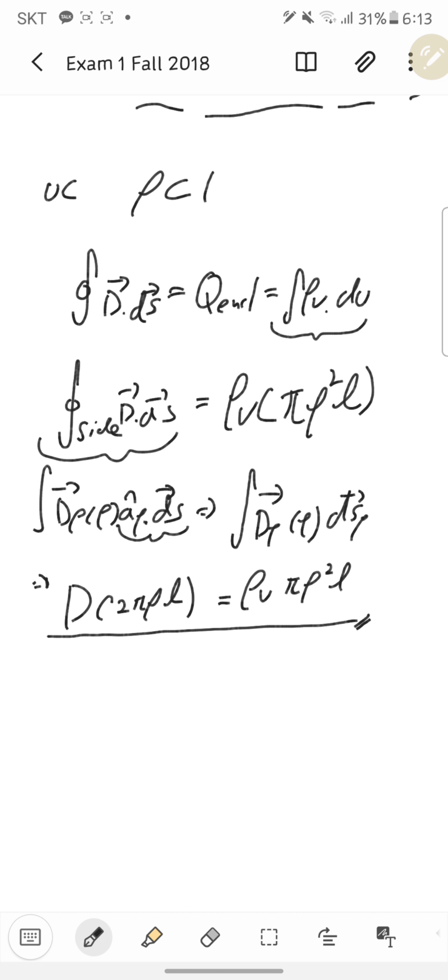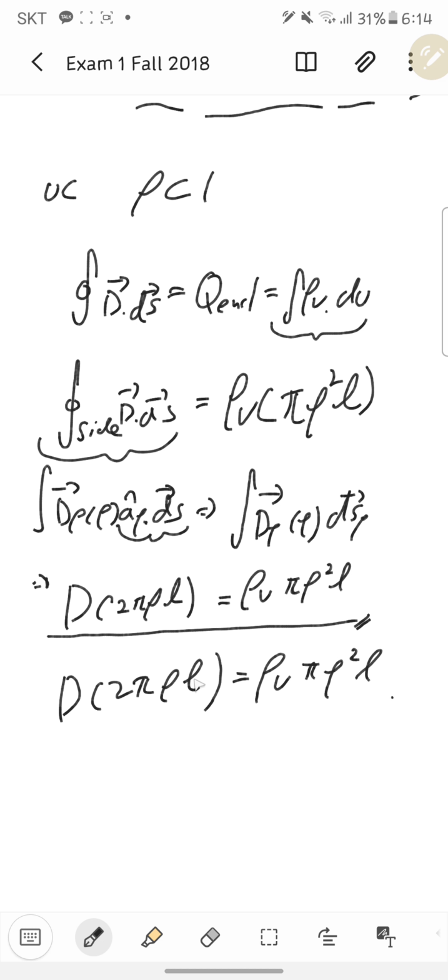So when rho is less than 1, the height L could be canceled, pi could be canceled, and it reduces to 1.